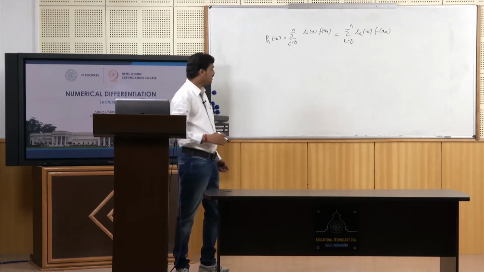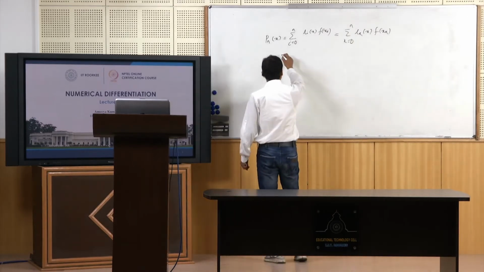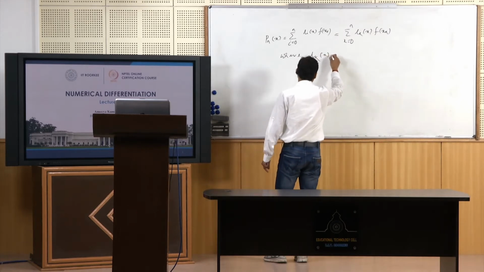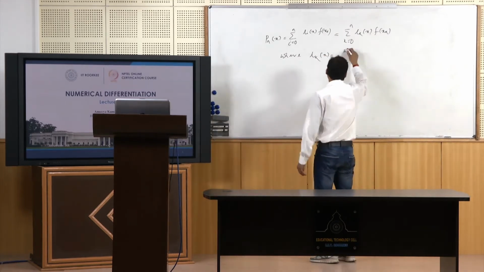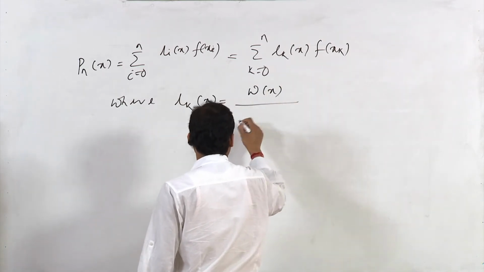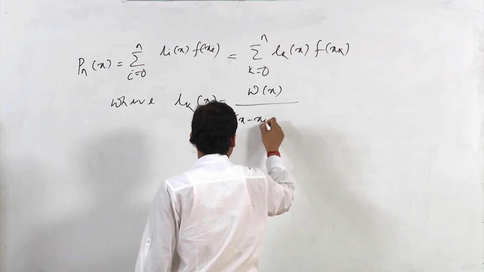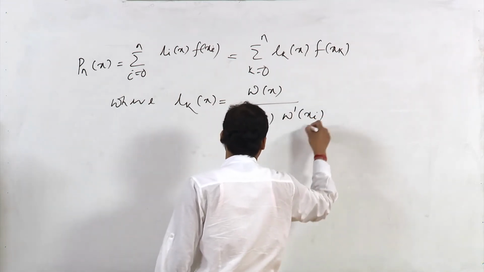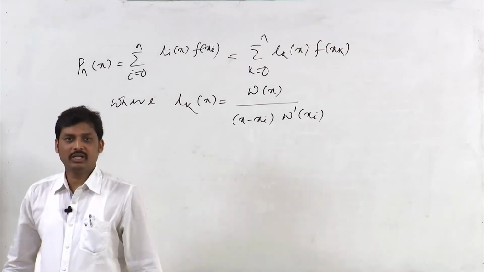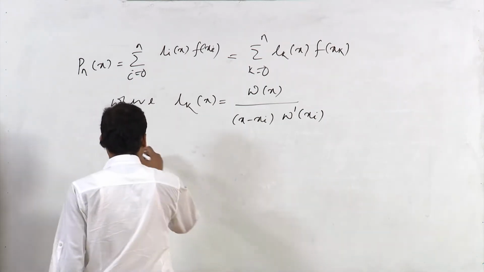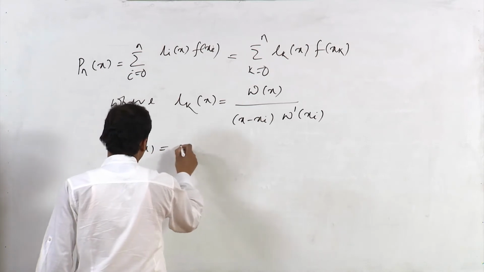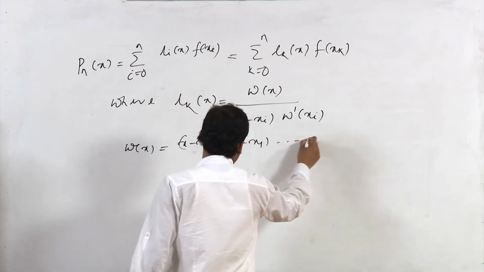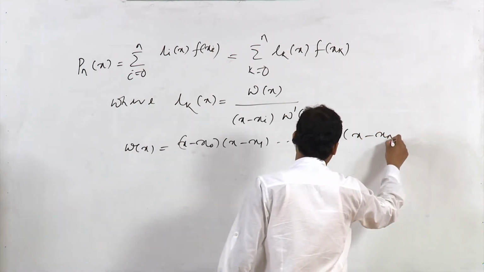So, if you write this Lagrangian coefficient, then usually we write Lk(x) as omega(x) by (x minus xi) omega dash of xi here, where usually this omega(x) is defined in the form (x minus x0)(x minus x1) up to (x minus xn) here.